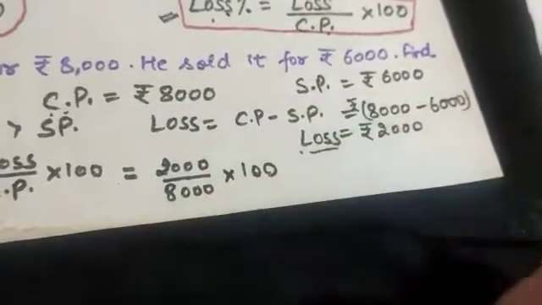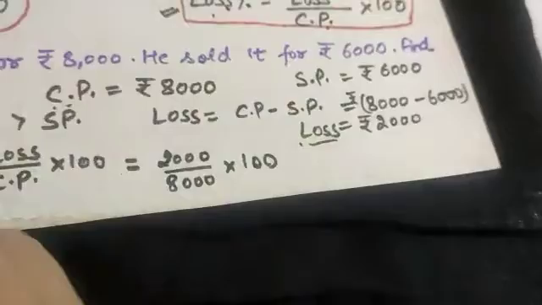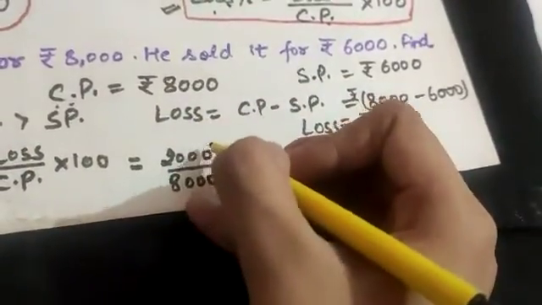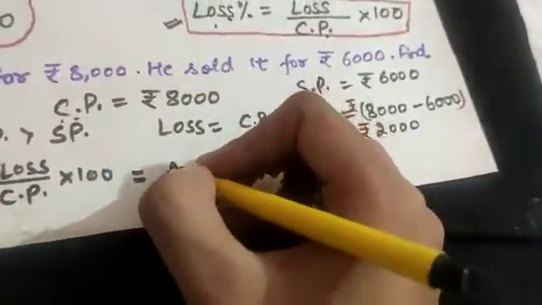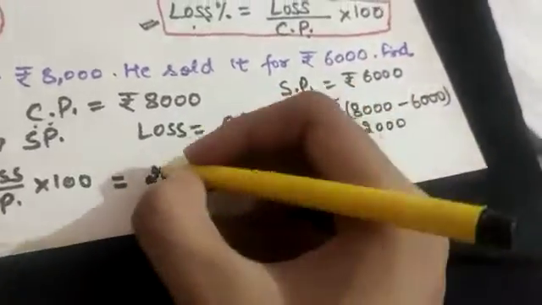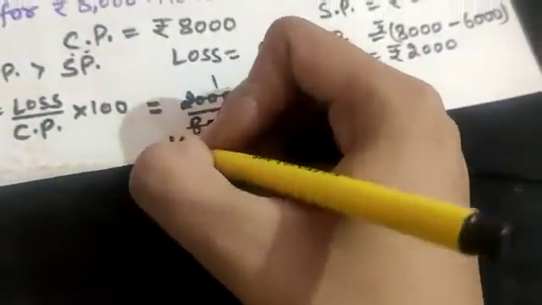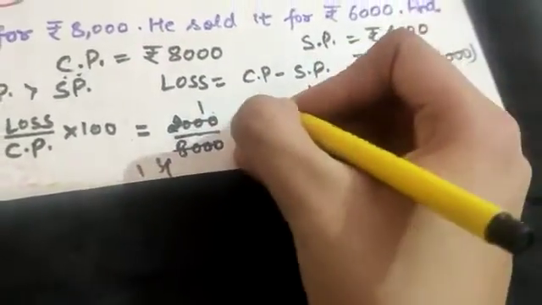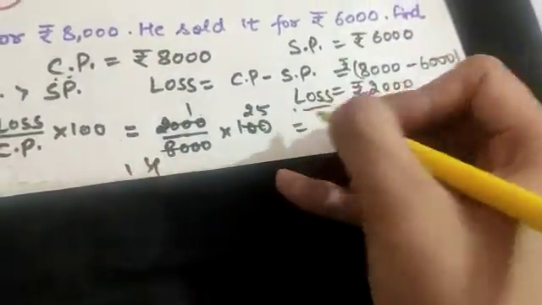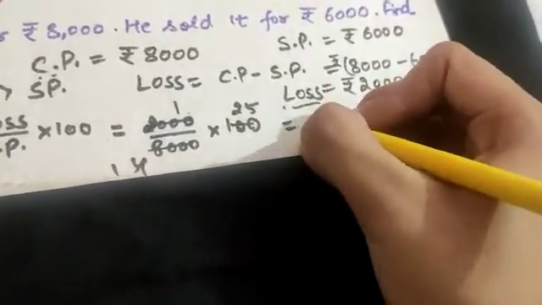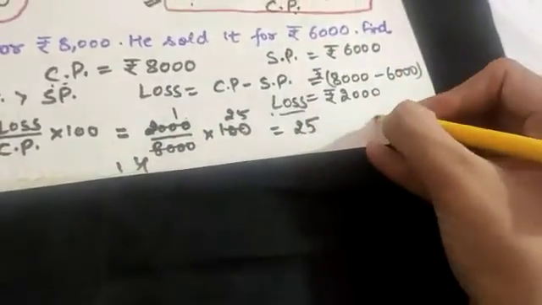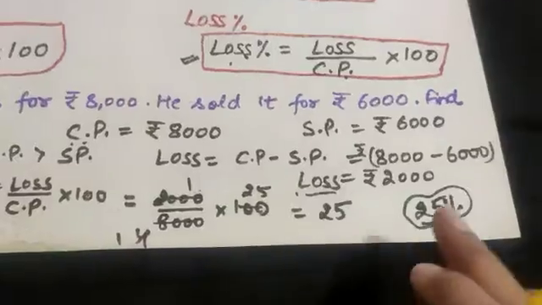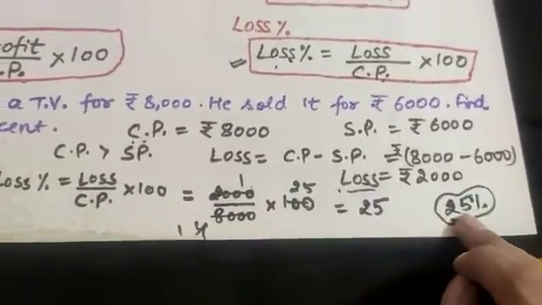Now just cancel out the common factors and you will get the loss percent. 4 ones are 4 and it goes on 25. That means 25% is the loss percent.